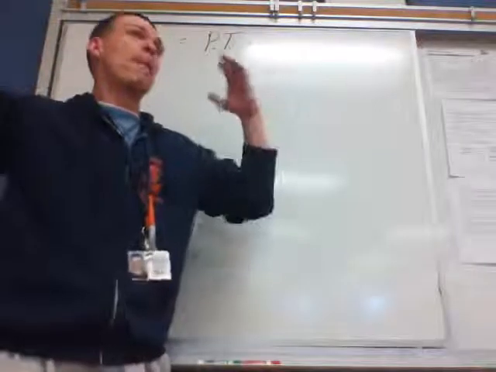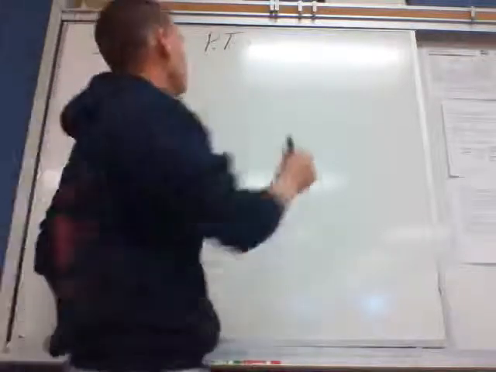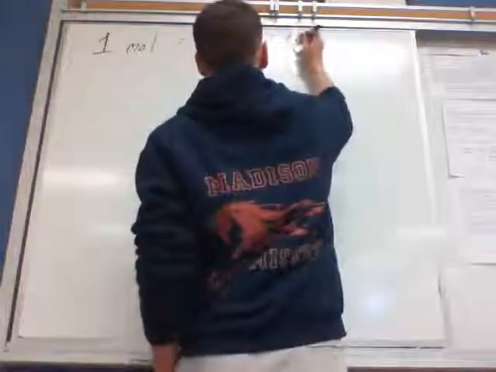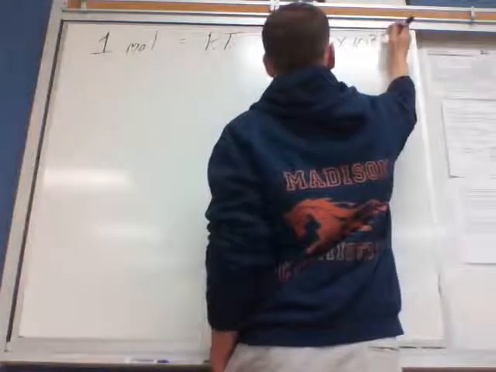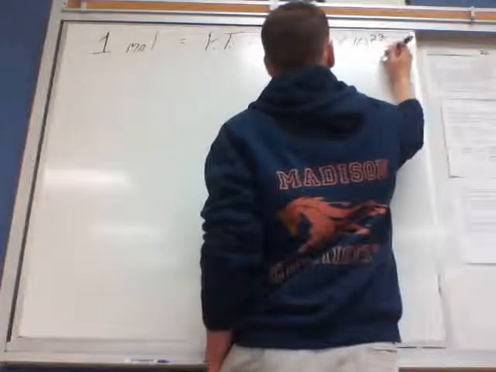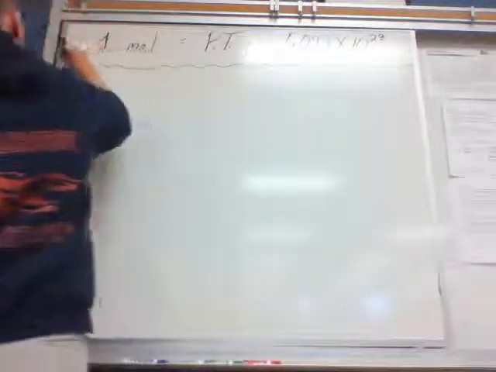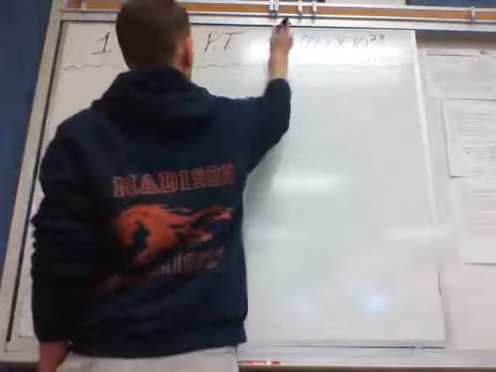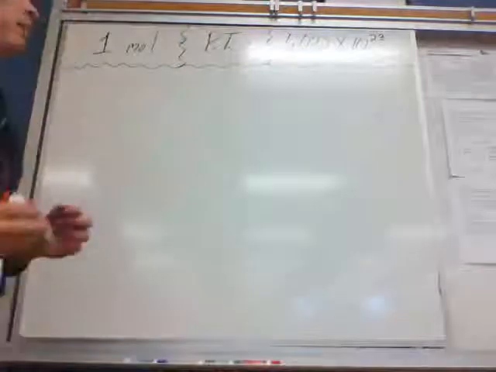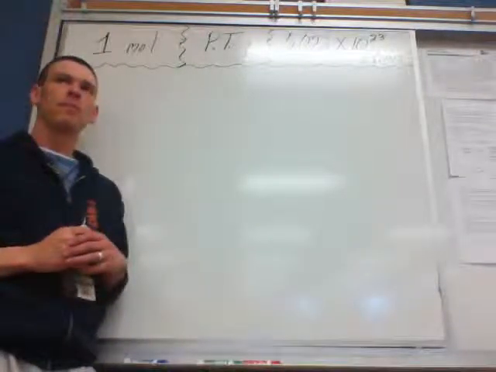But the atoms are harder. Atoms are so tiny that there's millions of them in any sample of matter. And we've got a really special number here. 6.022 times 10 to the 23rd.